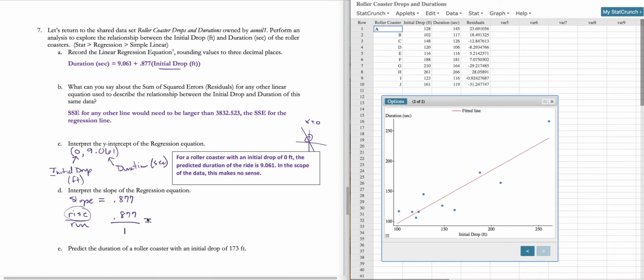So the rise of our slope represents a change in that duration, and that is measured in seconds. What does the run in this data represent? Well, as we run across, our horizontal movement represents a change in the initial drop of that roller coaster.